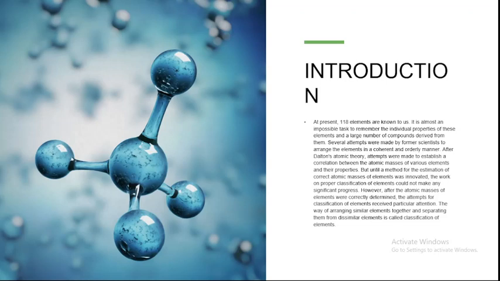Let us see an example: lithium, whose atomic weight is 7, sodium, whose atomic weight is 23, and potassium, whose atomic weight is 39. If we take the arithmetic mean of lithium and potassium, then we get the atomic weight of sodium. But this was not so useful.